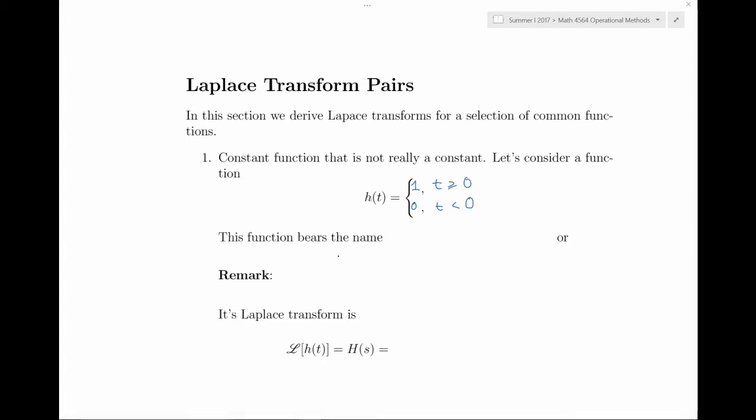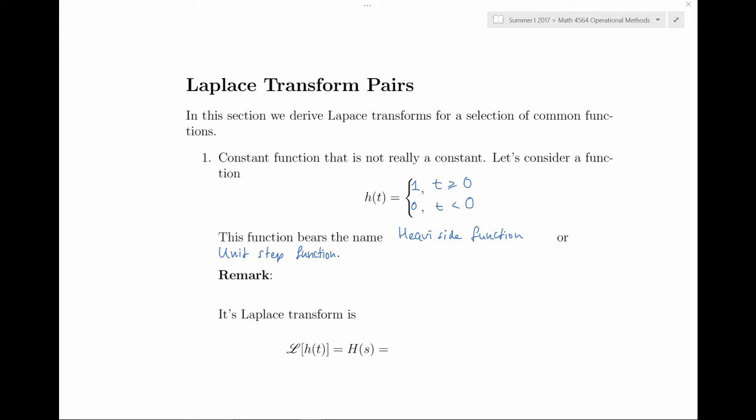This function has a name. It's called a Heaviside function, or a unit step function. In the package Mathematica that we're going to use extensively, it's called the HeavisideTheta function.